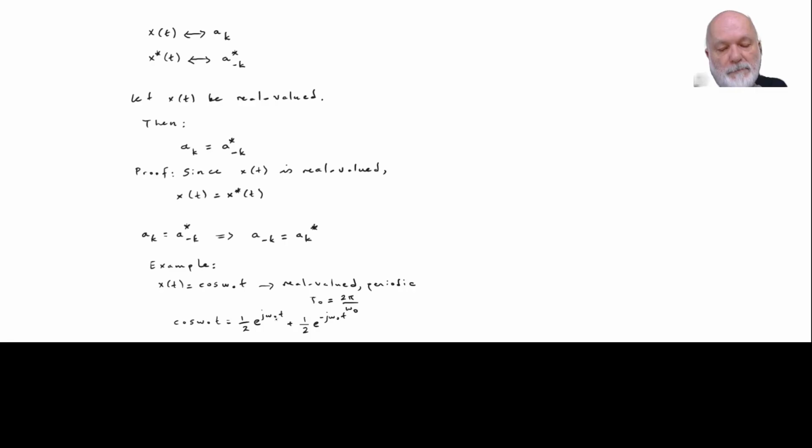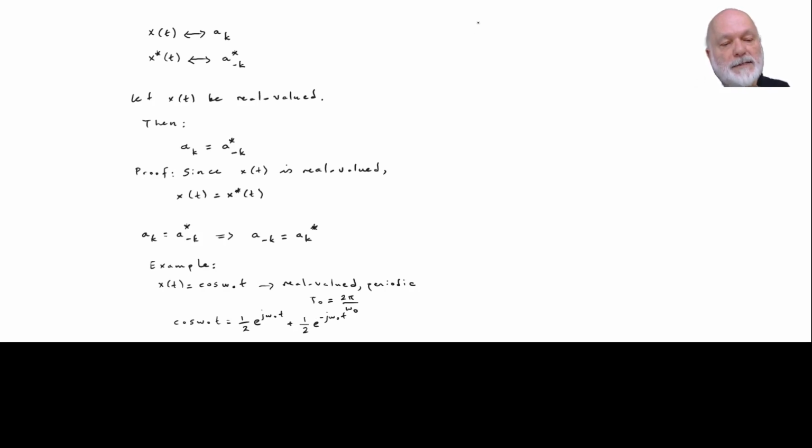And we see that we have a positive frequency component at omega 0 and a negative frequency component at minus omega 0. And the coefficients are 1 over 2 for both cases.